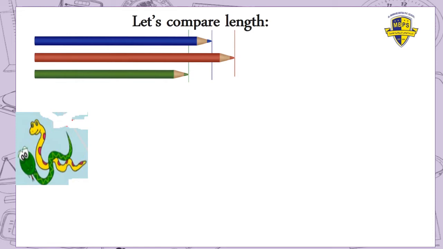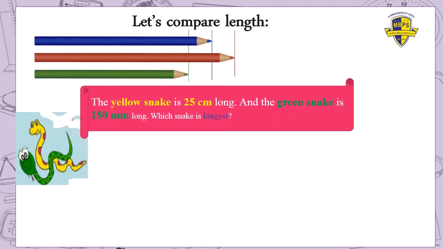Can you see here the 2 snakes? Good, we have one green and one yellow. Let's read the question. The yellow snake is 25 centimeters long and the green one is 150 millimeters long. Which snake is longest?